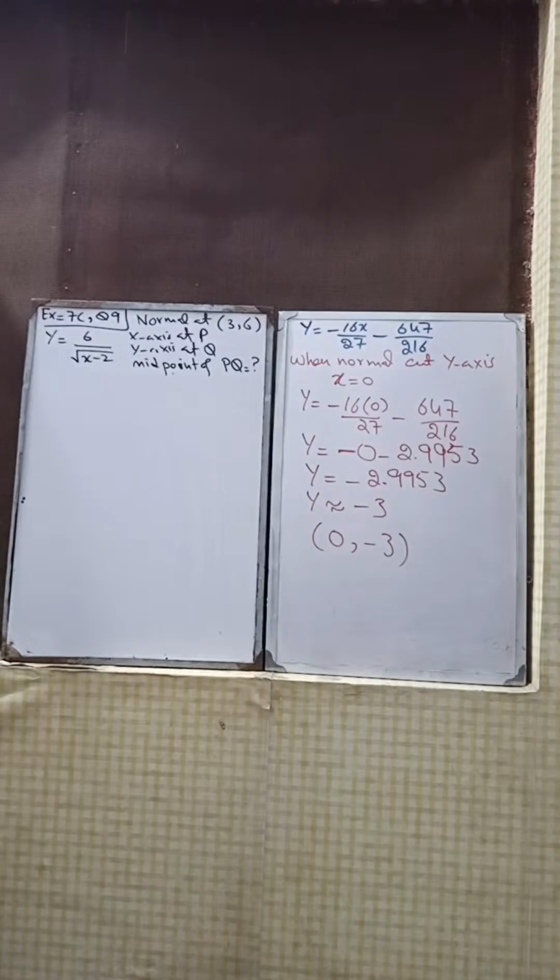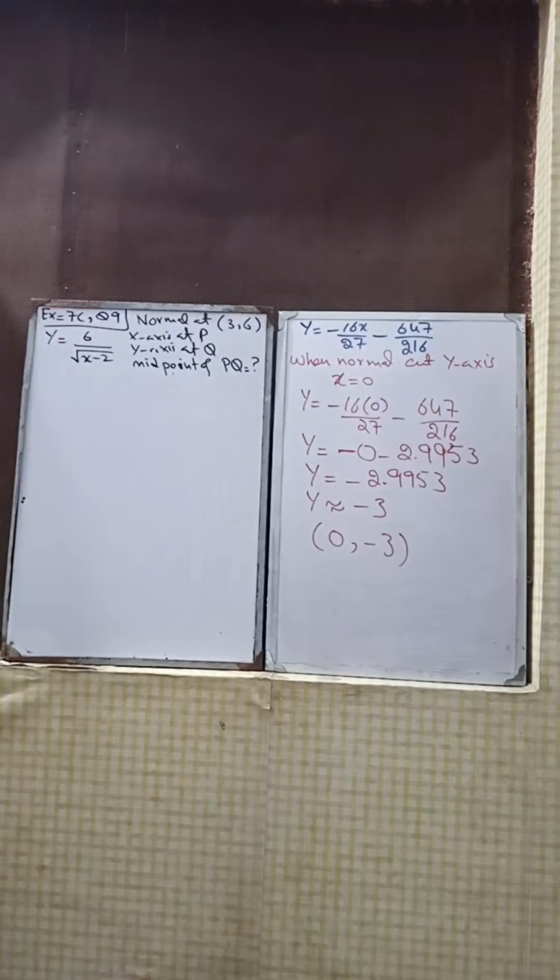The normal to the curve y equals 6 divided by the square root of x minus 2, at the point 3 comma 6, meets the x-axis at P and the y-axis at Q. Find the midpoint of PQ. So first we have to find the equation of the normal at the point 3 comma 6. Then we will find the coordinates of point P, then the coordinates of point Q, and then the midpoint of PQ.